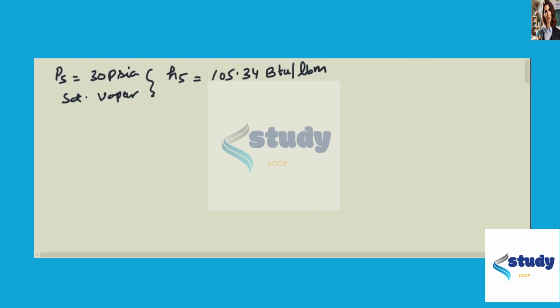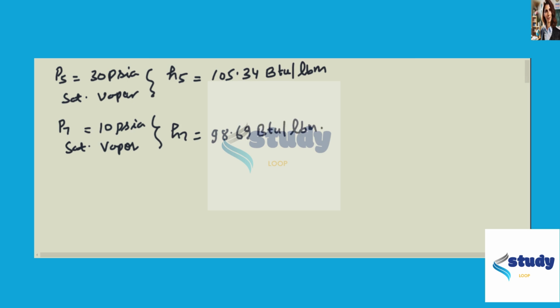At state 7, pressure is 10 psi. Fluid is saturated vapor. H7 is equal to 98.69 BTU per pound mass.